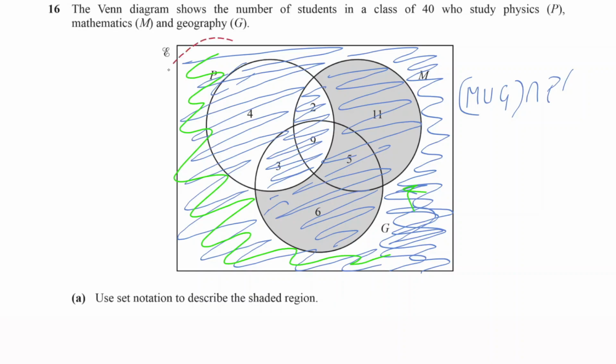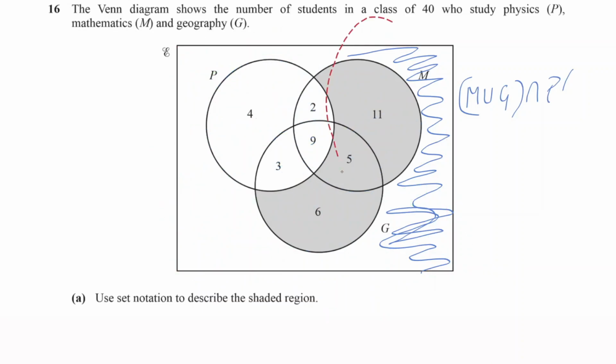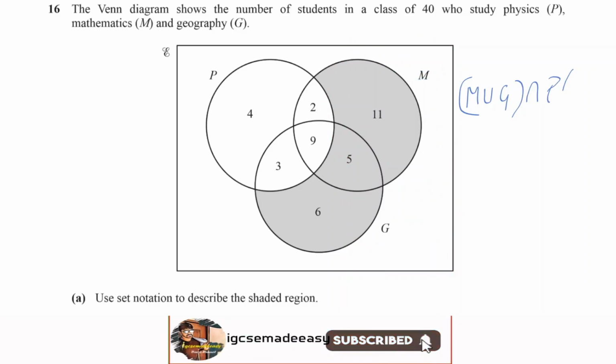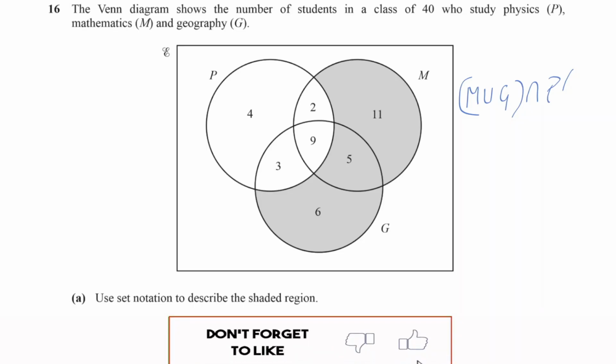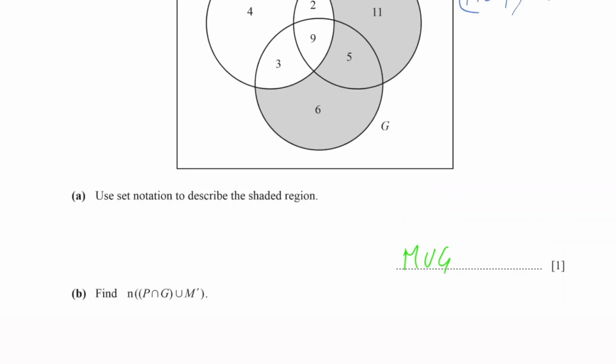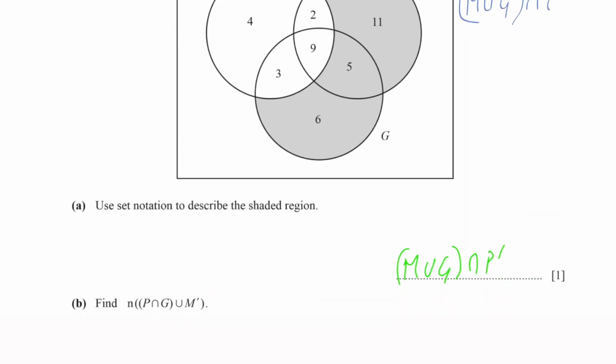Okay, let us verify this also. Let us quickly verify this to make it much easier to understand. So the answer is M union G intersection with P dash. If we want to verify this, it's going to be very easy.